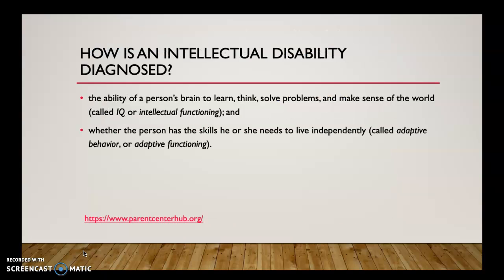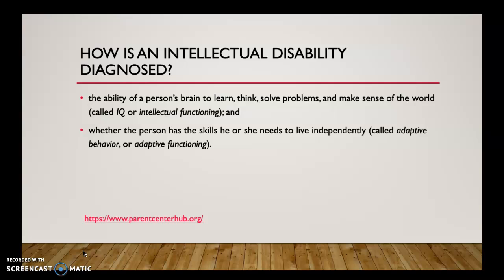When you are determining if someone has an intellectual disability, you look at both their intellectual functioning, which is another way to say IQ, and you also look at their adaptive behavior and their adaptive skills.